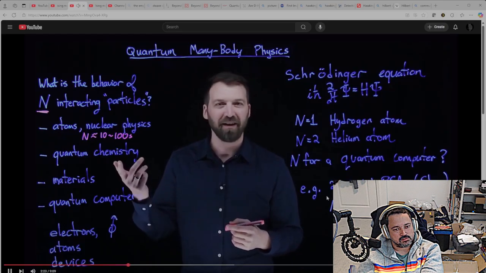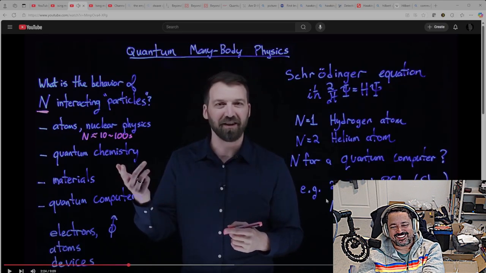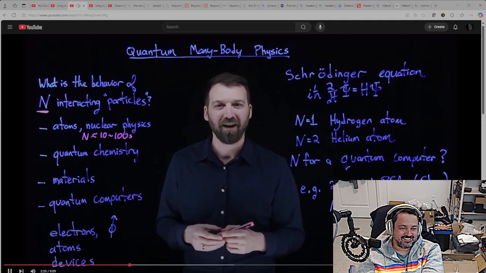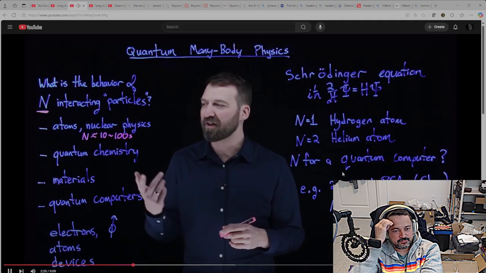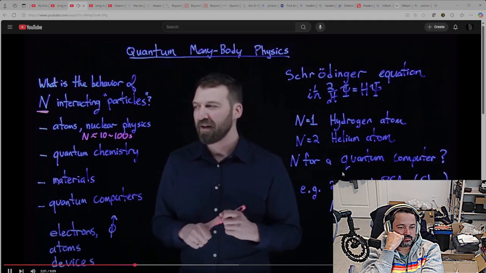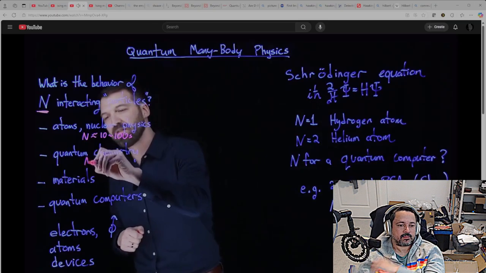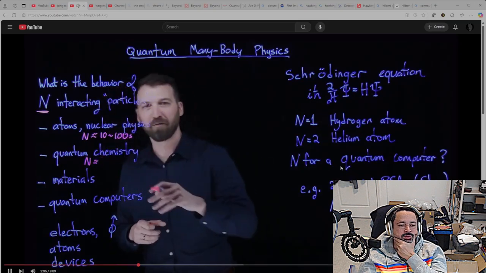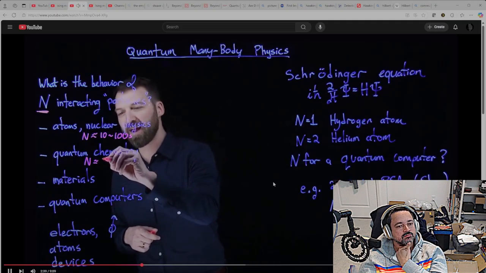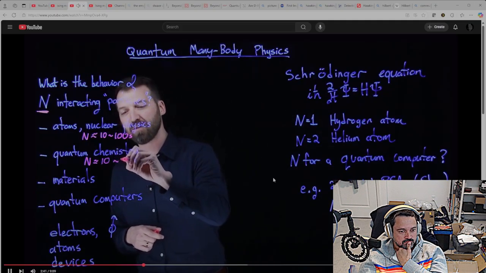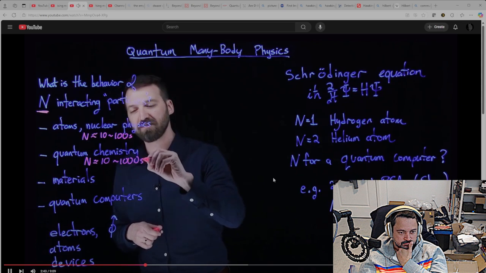We may not be interested in exactly how the protons and the neutrons interact, but we may be more interested in electronic degrees of freedom, where these electrons form things like valence shells and so on. Again, for n's between, say, tens to thousands.